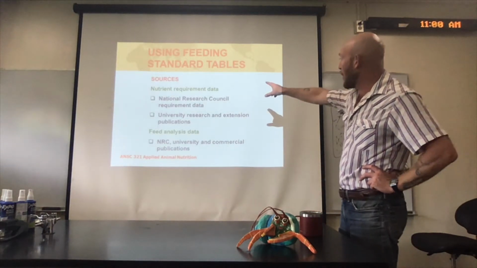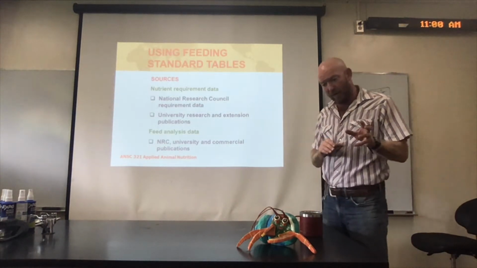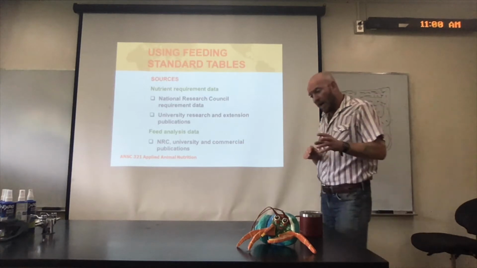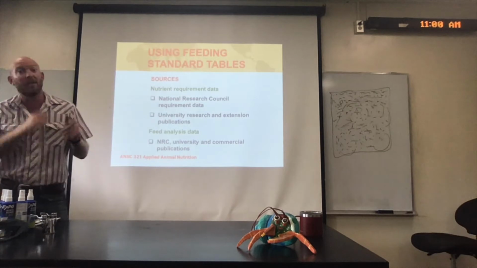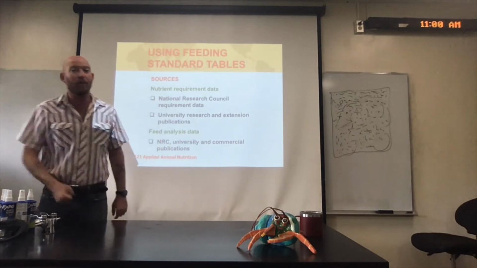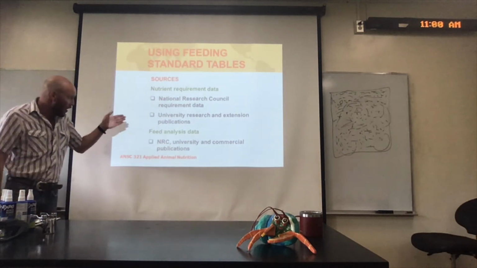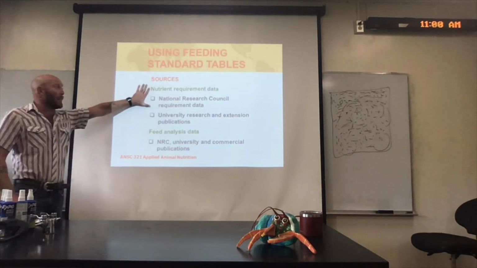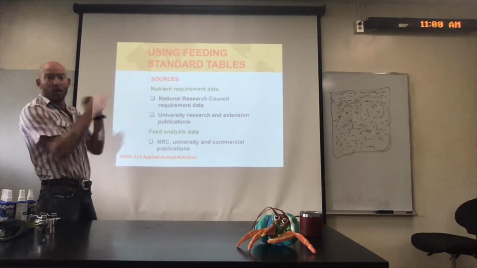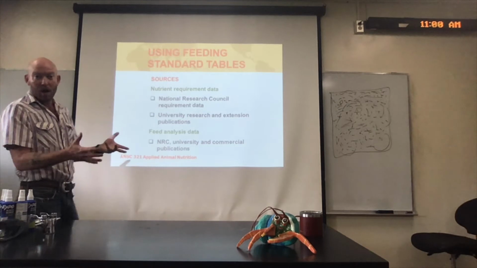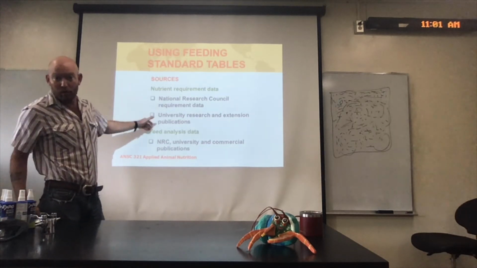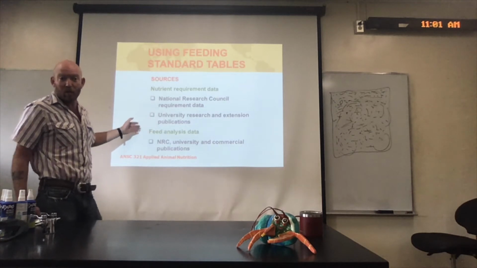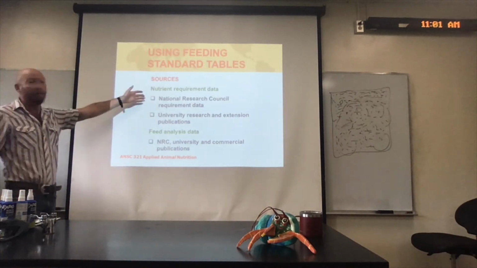For our nutrient requirement data, as you noticed from the handouts I gave out earlier, we'll have different size classes of animals, because they're going to need different amounts of different feedstuffs. So nutrient requirement data is what we need, and then we're going to be working with a number of different feedstuffs, so we need to know what the components of those feedstuffs are in order to balance them for what we need.